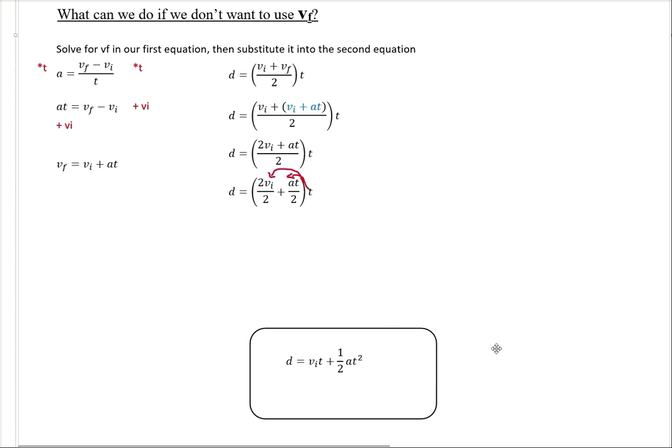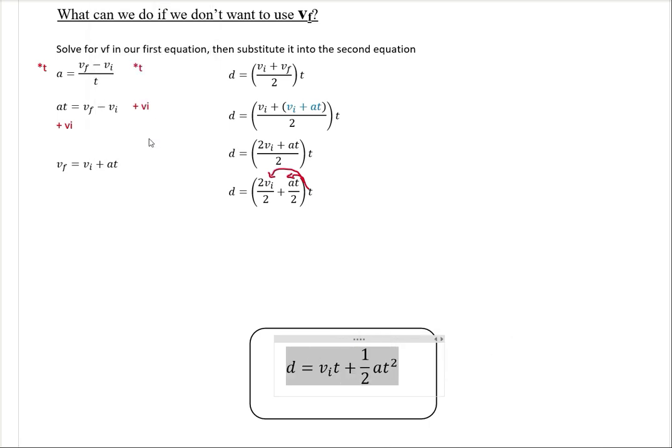That's the reorganization. So this is our third kinematics equation: d is equal to Vi t plus half a t squared. It's a big deal.